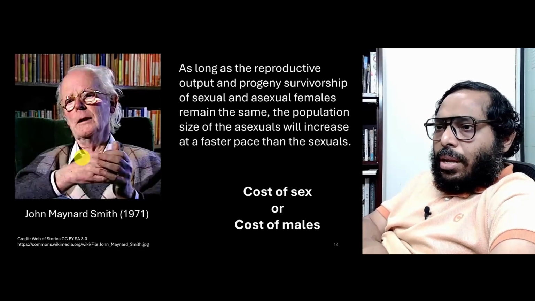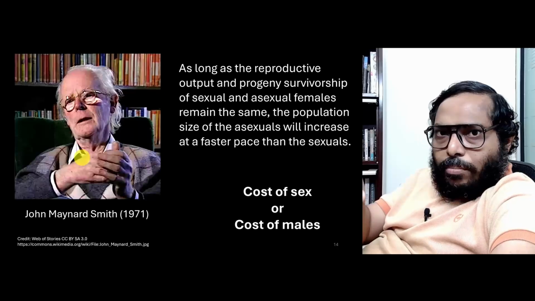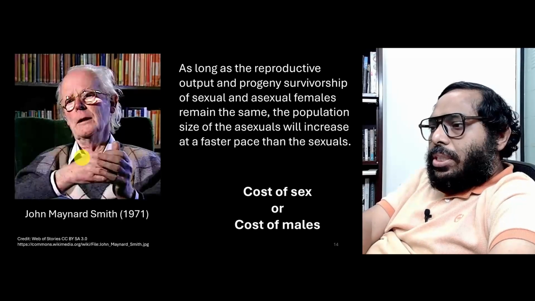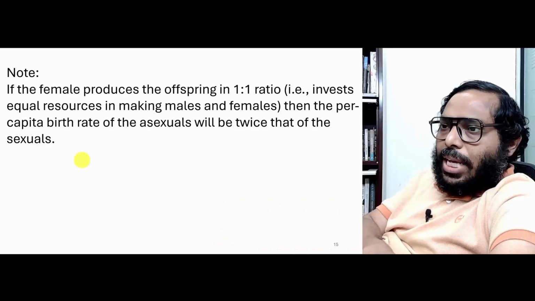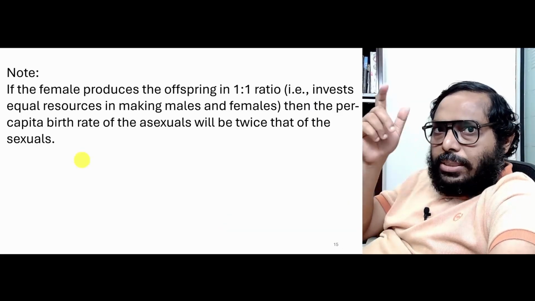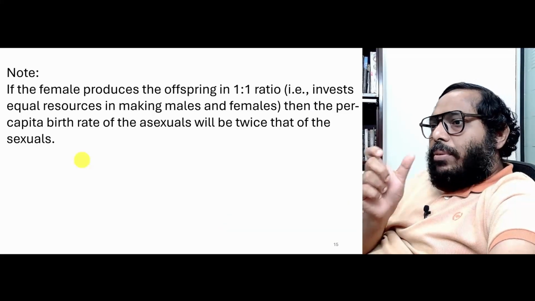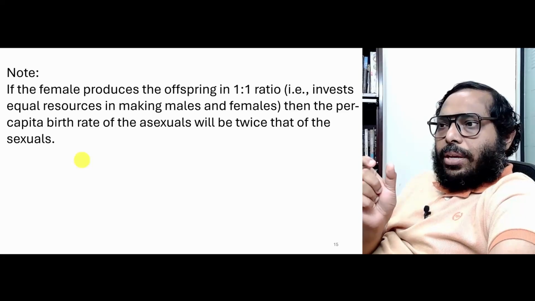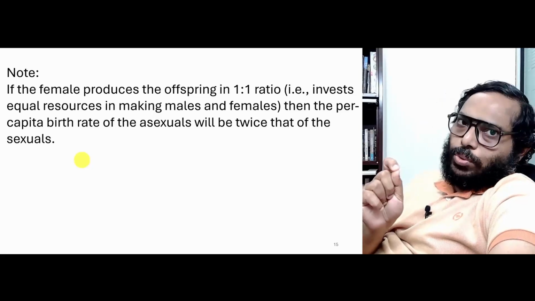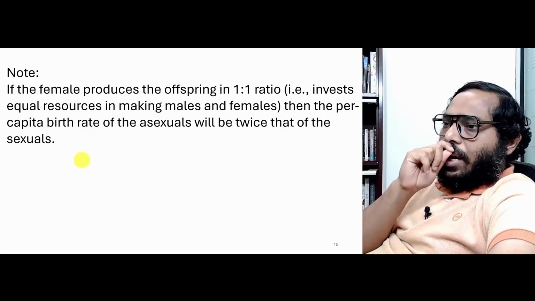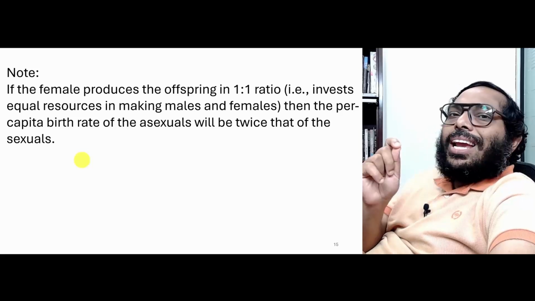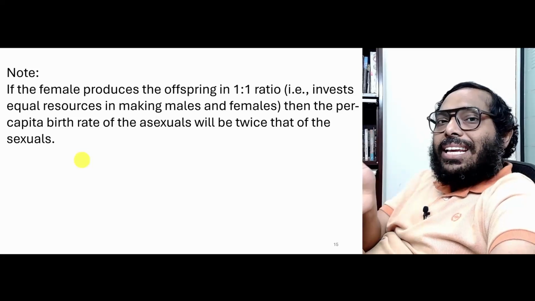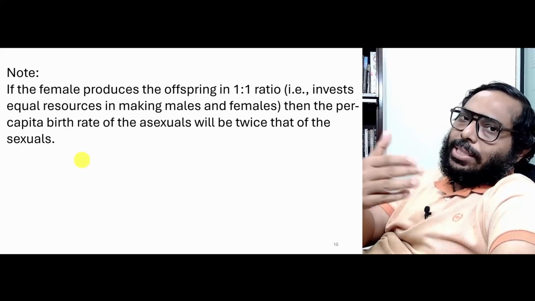Now, here I need to give you one more term, which is known as the twofold cost of sex. What is that? In the example that I gave you, if the female produces offspring in a 1:1 ratio, okay, which is exactly the example that I took, that indicates that the female is investing equal amount of resources in making males and females, right.